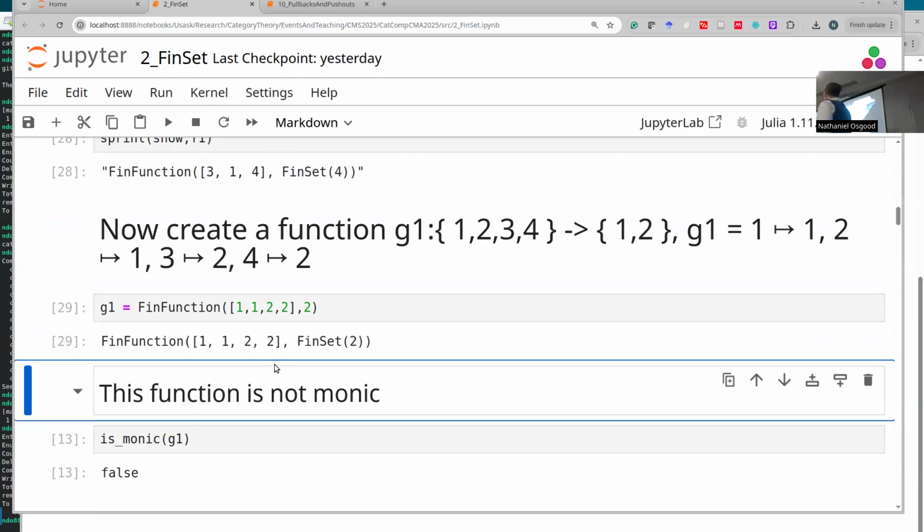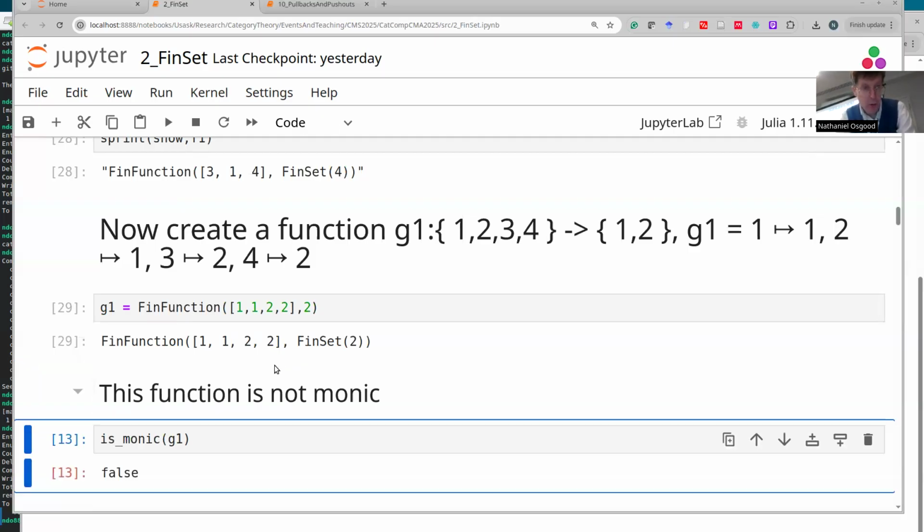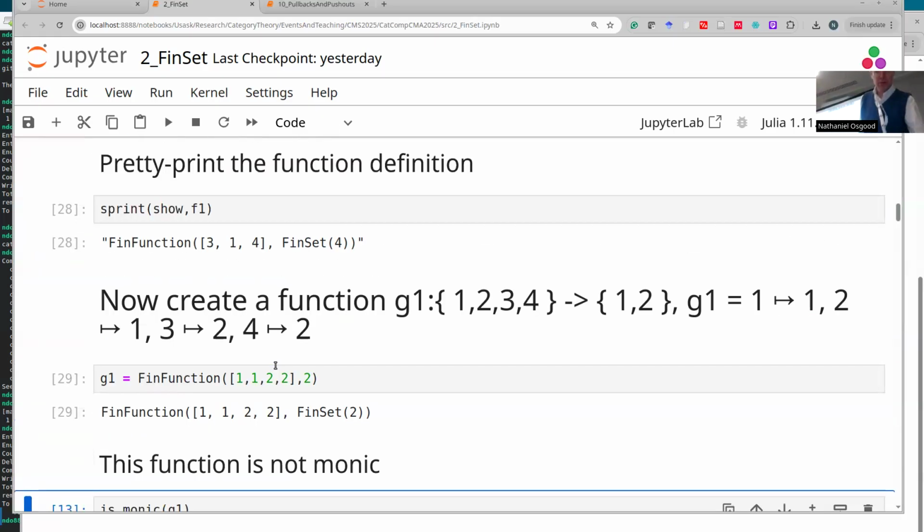Okay, next we're going to define a FinFunction, building on our understanding from FinSet 4. This set was 1, 2, 3, 4 to FinSet 2, which has 1, 2 in it. And yes, please. This is great.